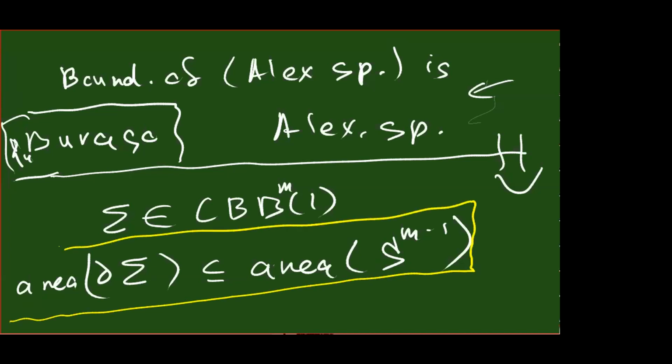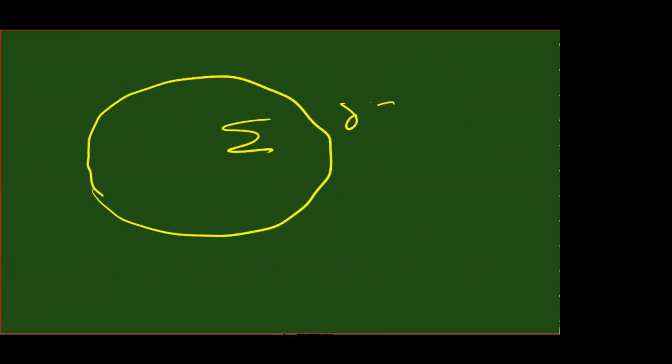How to do this? You just take your space Sigma, so that's your boundary. You choose a point at maximal distance from the boundary and apply the gradient exponent. Then you have to prove something.